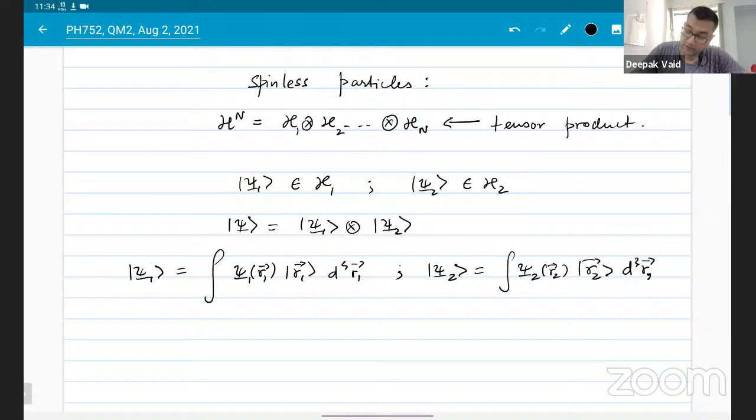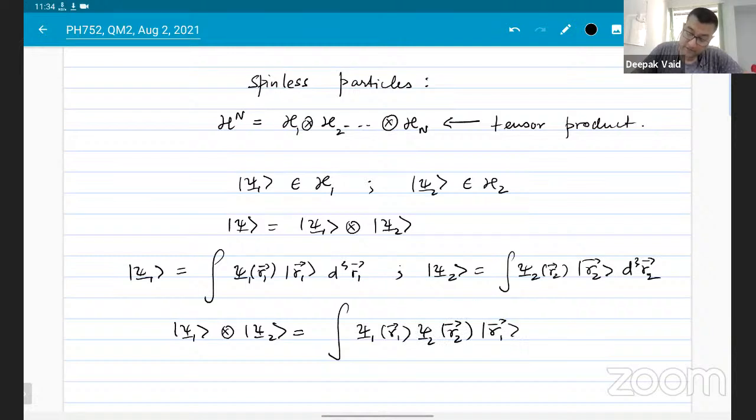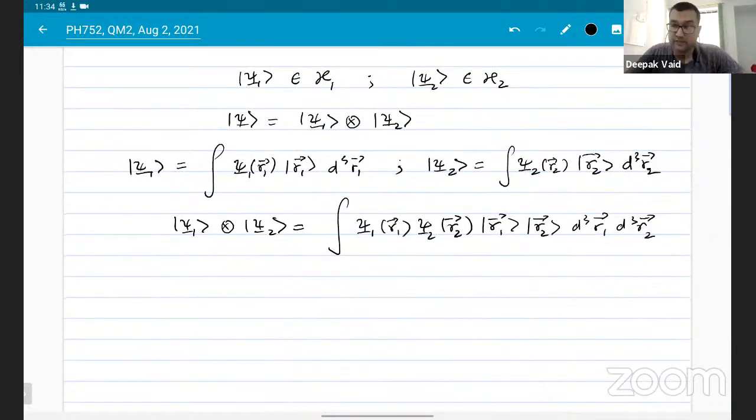So what is the tensor product state? It can be written as the product of these two, right? Psi1 of r1, psi2 of r2, and then ket r1, ket r2, integral d cubed r1 d cubed r2. So this is the tensor product state.